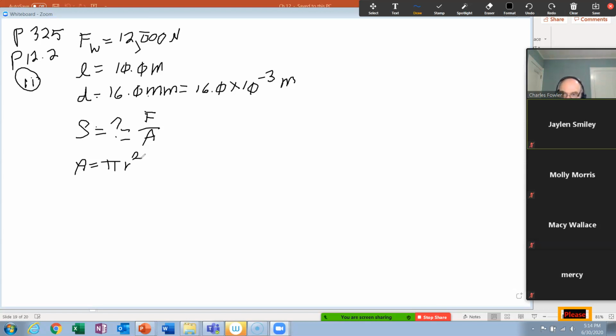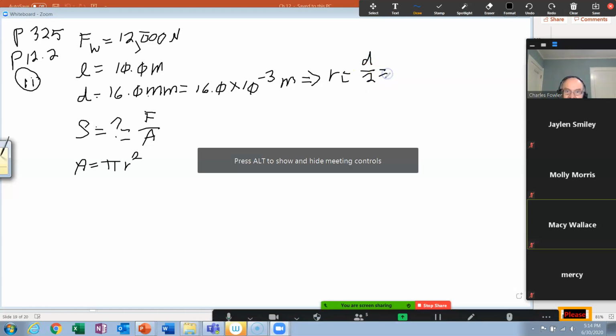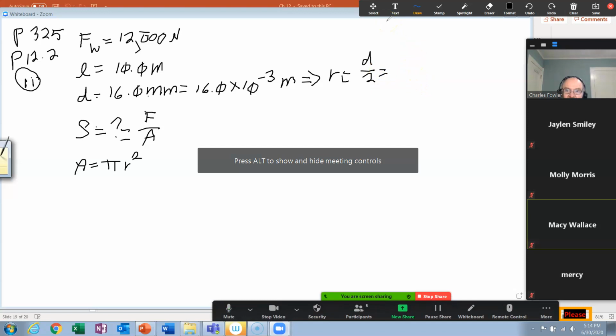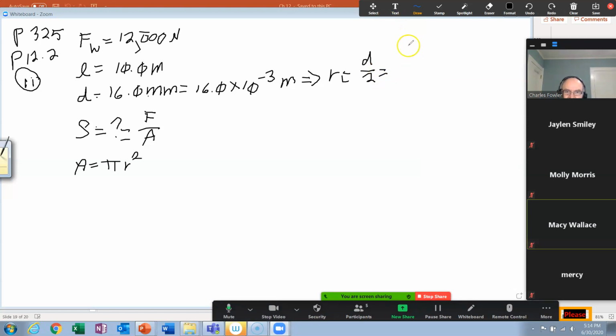We don't have r either, though. And how is r related to diameter? Exactly. R is 1/2. That's supposed to be an equal sign. This pen has trouble writing equal sign for some reason. It's d over 2. Okay, and now there's a thing up there. I don't have any idea what it is. It says press Alt to show and hide meeting controls. I have no idea what that means.